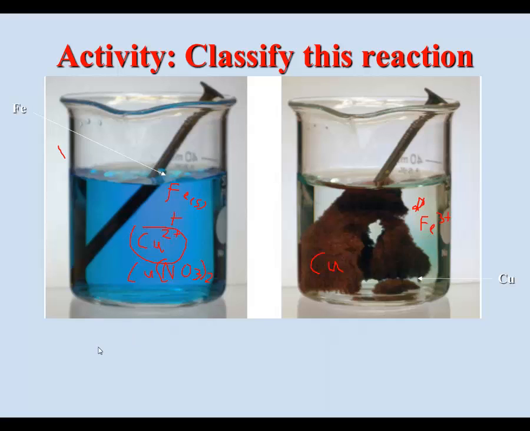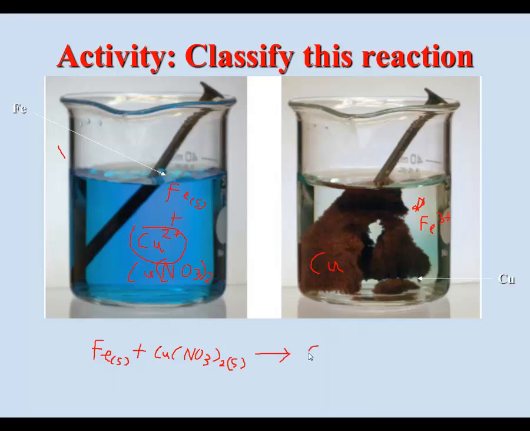So really, if I were to write this reaction, I end up seeing iron reacting with copper 2 nitrate, which is soluble, and I'm forming a product that has elemental copper, right? That's coming out of solution.